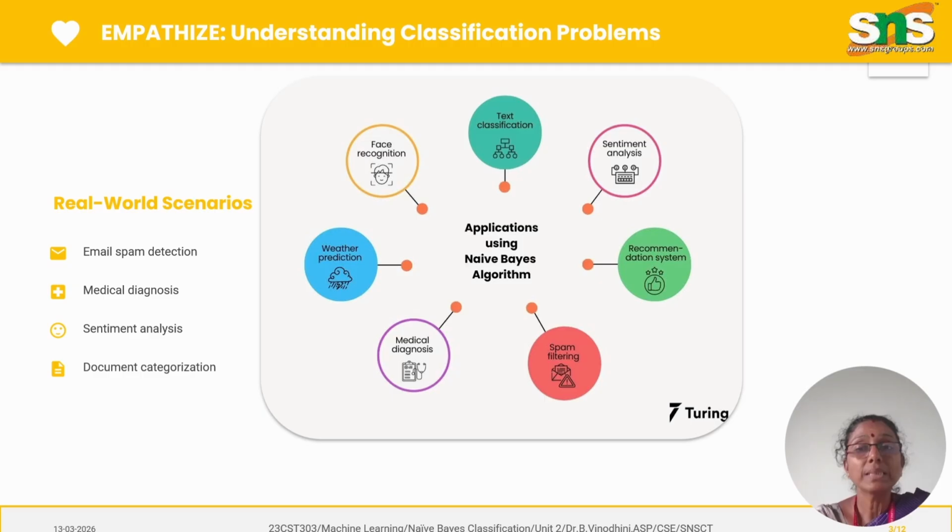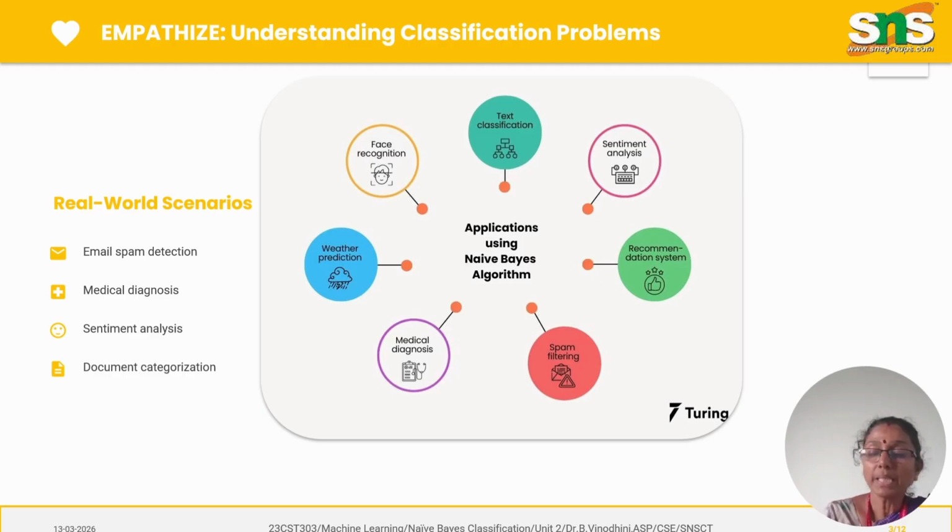The Naïve Bayes classifier uses the Bayes theorem. So what is the Bayes theorem? Based upon the prior probability of a particular event, it calculates the posterior probability of that event. Based upon the prior knowledge and the evidence, it can find the posterior probability of the new event. That is the main concept behind the Bayes theorem.